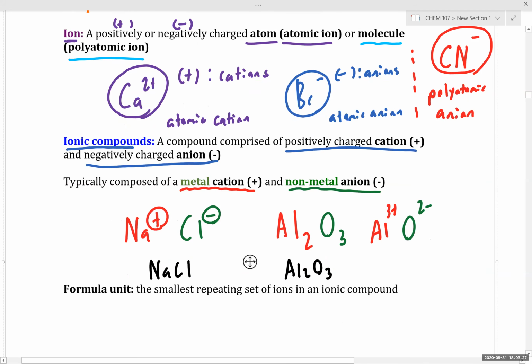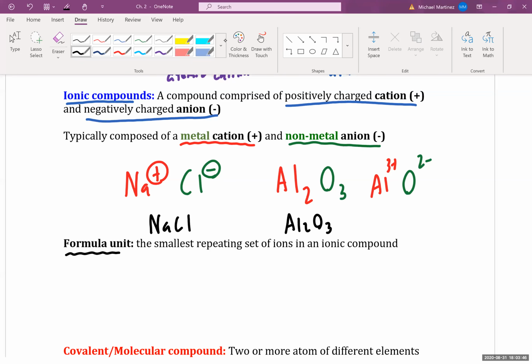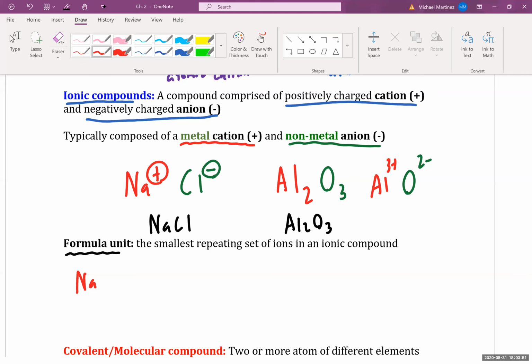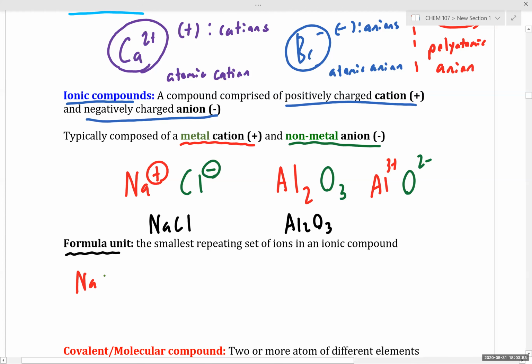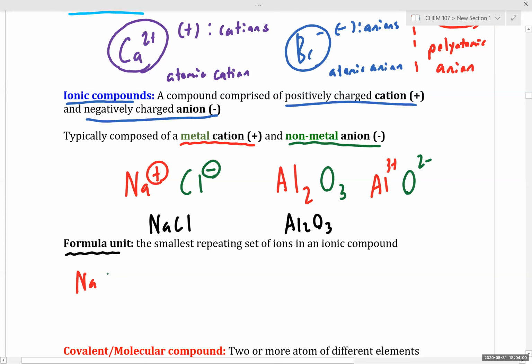Now, one word that's commonly used in relation to ionic compounds is the term formula unit. When you see the words formula unit, I want you to think the simplest formula of an ionic compound. So if we look, for example, at sodium chloride, the simplest ratio of ions in this case involves 1 sodium and 1 chlorine atom.